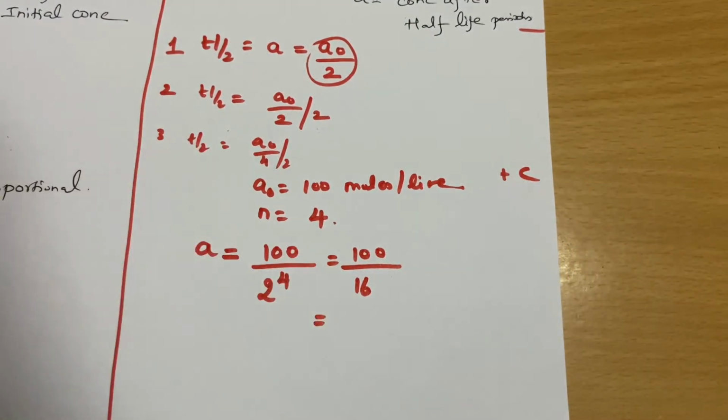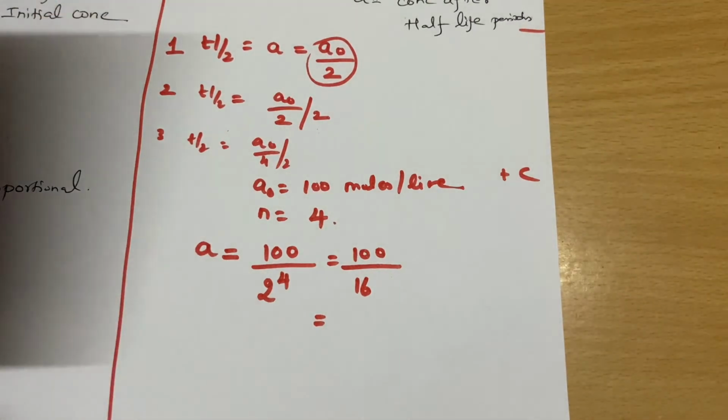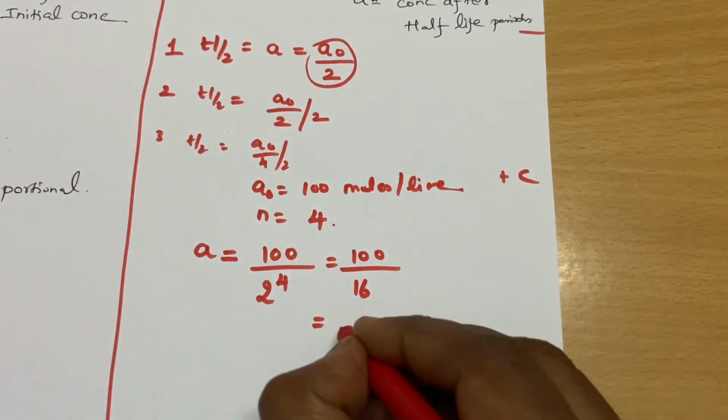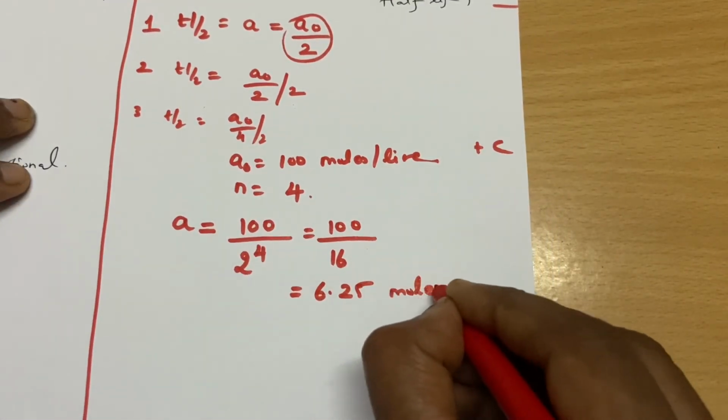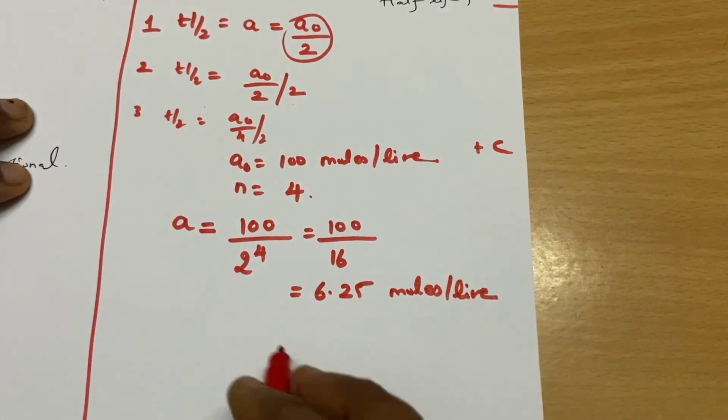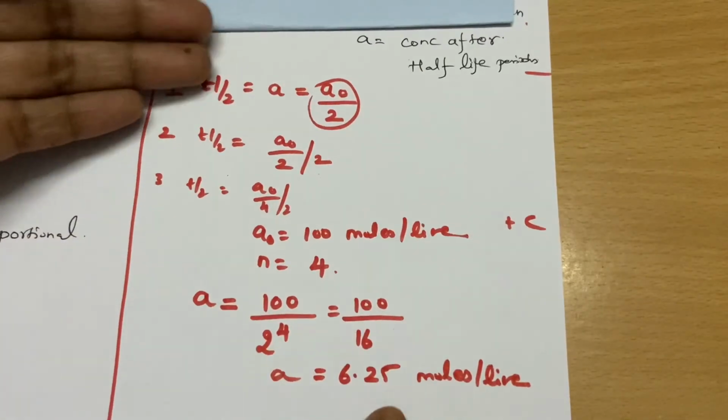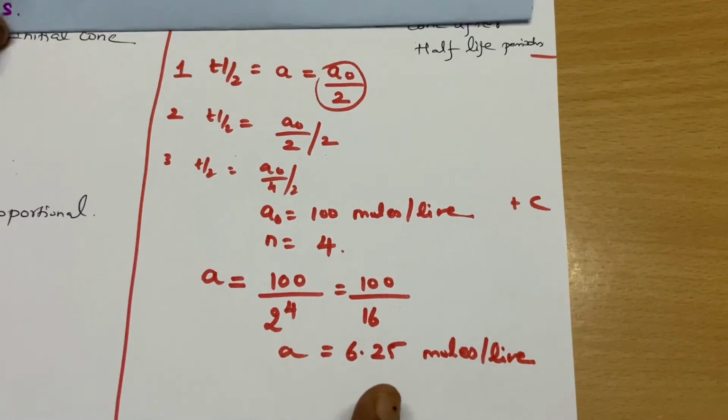So directly if you apply this formula, you will get the answer within no time. The concentration is 6.25 moles per liter. You need not do this long method; for your exam you need not waste time like this.